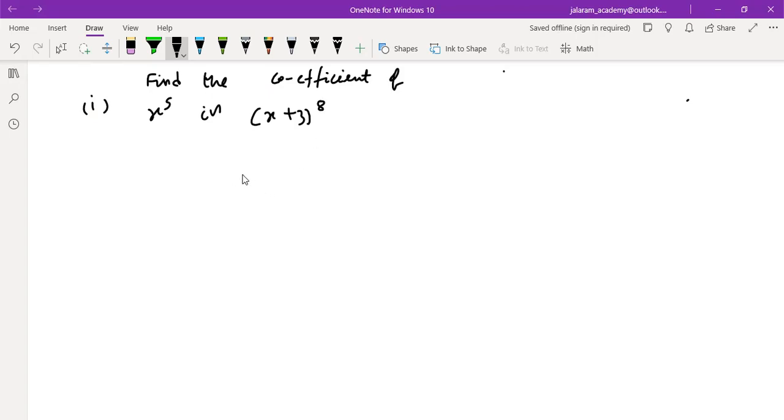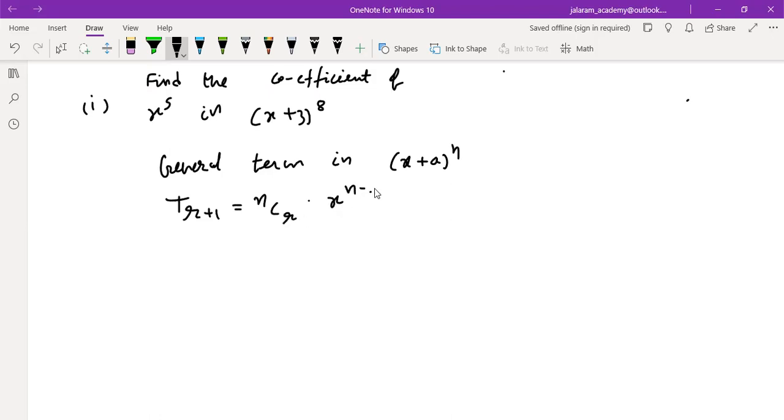Instead, we will use the expansion and the general term of the expansion of (x plus a) whole to the power n. We know that the general term, that is the r plus 1th term, is given by nCr into x to the power n minus r into a to the power r.